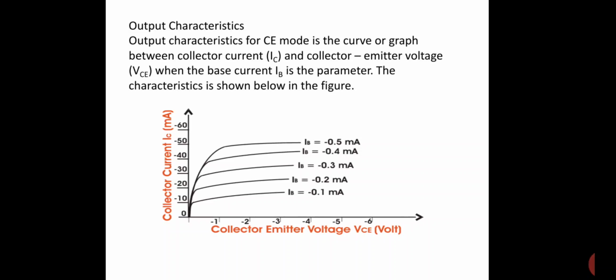Because the output current depends on input current, when input current increases output current also increases, because due to the emitter more charge is emitted and more current is produced at output, so the output current depends upon input current.